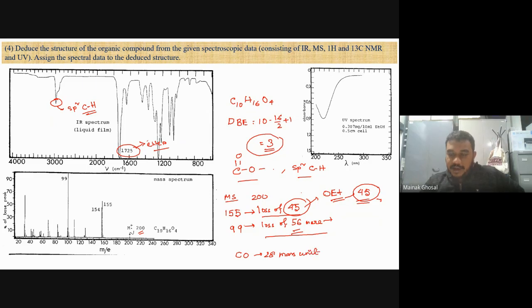So after losing 45, that is OEt, if you lose CO, you will lose 28 mass units. But you are losing 56 mass units. That means you are losing this one along with something else, or maybe another group which has a mass of 56, right? Now you see how it is possible.